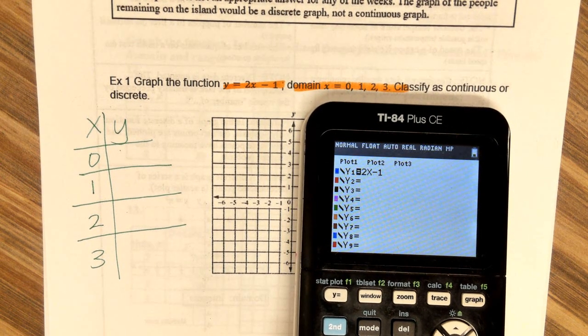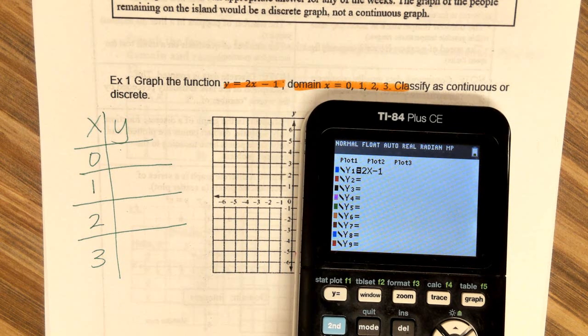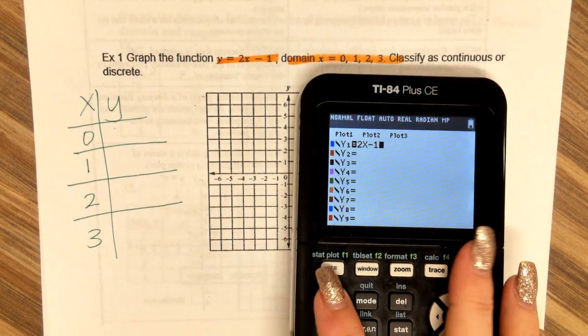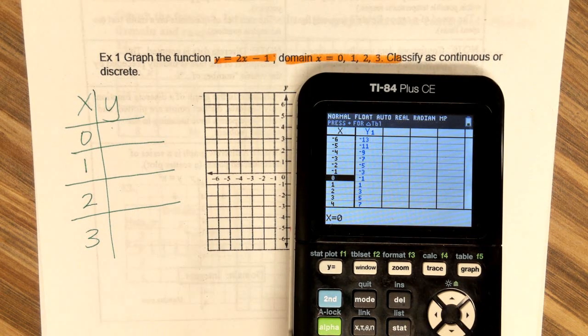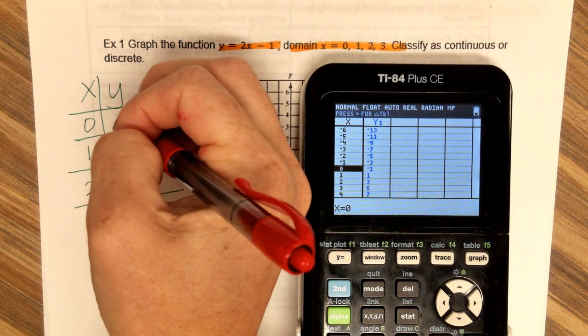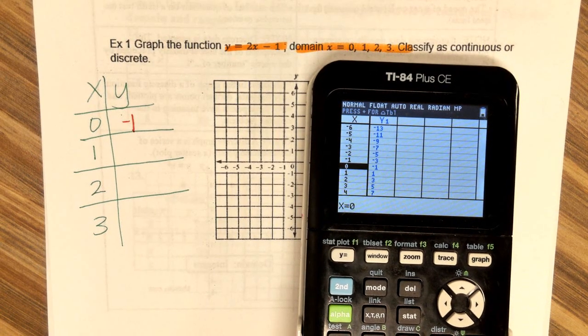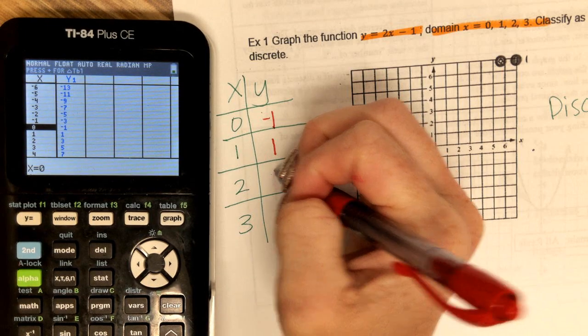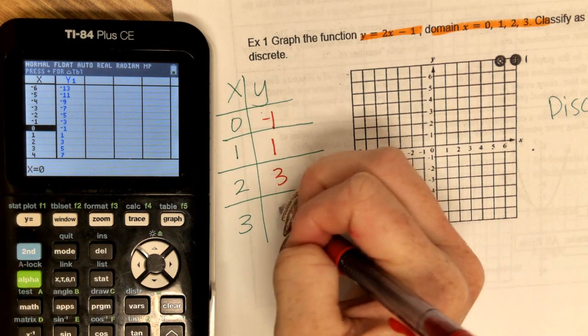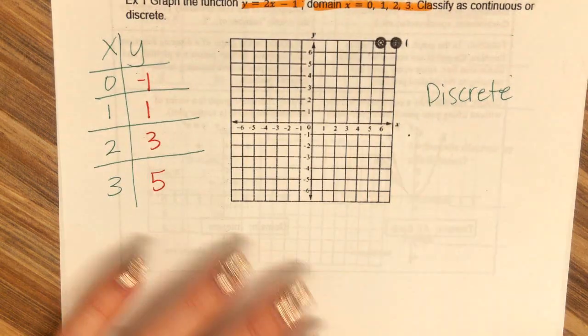Second graph, and I'm filling in: when x is 0, y is -1. When x is 1, y is 1. When x is 2, y is 3. And when x is 3, y is 5. And I would just go graph this.